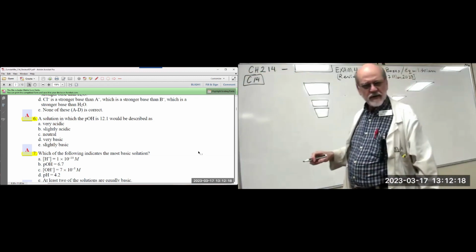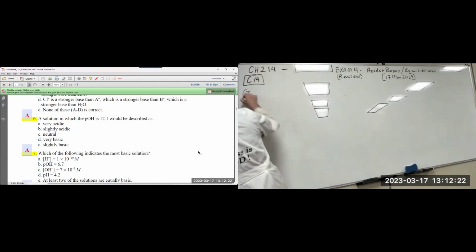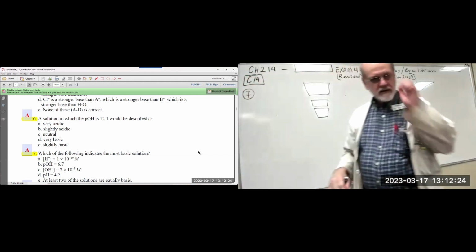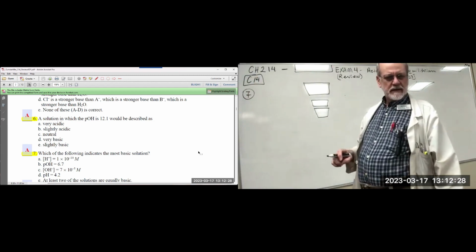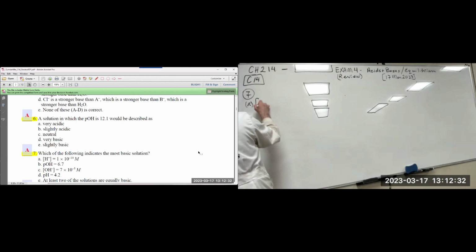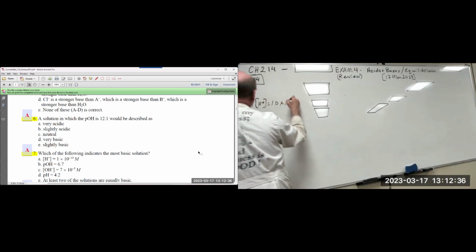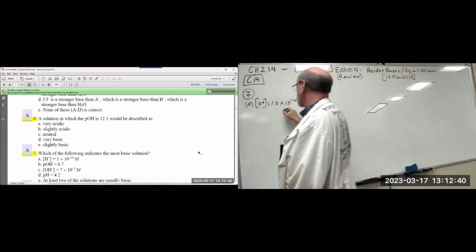Seven, which of the following indicates the most basic solution? All right. Hydrogen ion concentration of, okay, let's do these one at a time. 1 times 10 to the minus 10. So what would the pH of this one be?